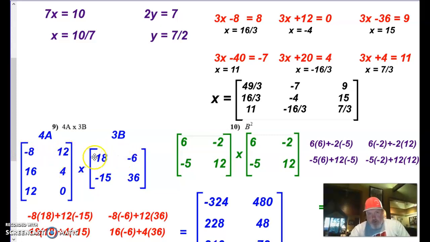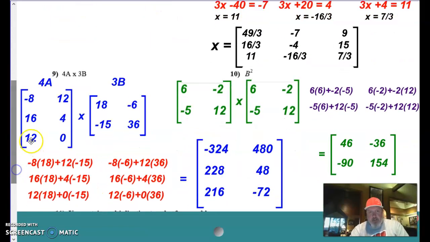So we go row times column, row times column. That's this top row. Then we do the middle row times each column. That's here. Then we do the bottom row times each column. That's your math right here. This is the work that I did, and I ran out of room down here. So this is actually what it equals when I do 4A times 3B. This is my result right there.